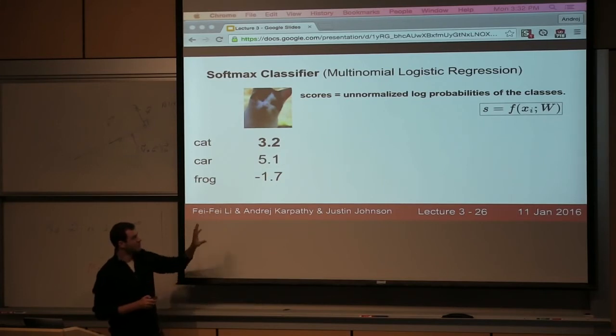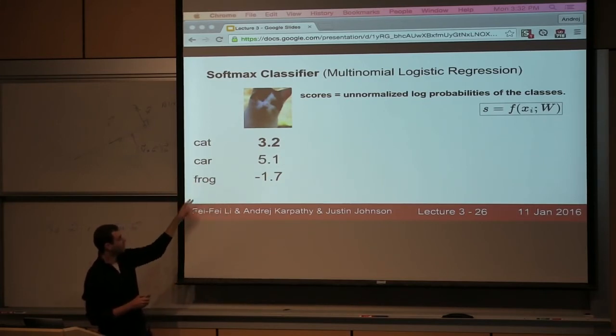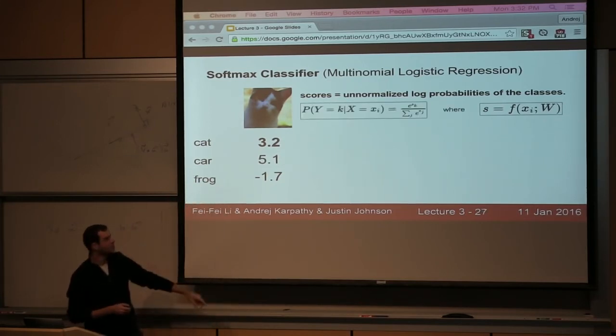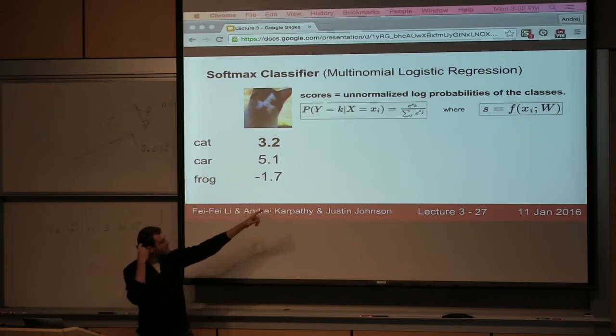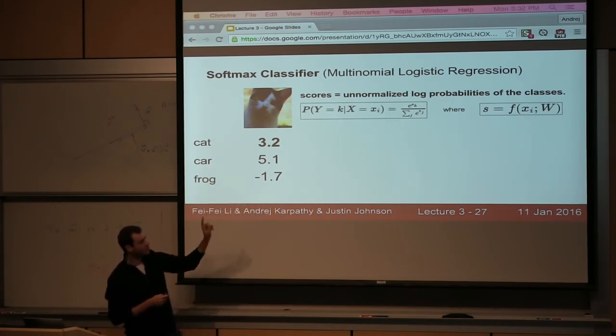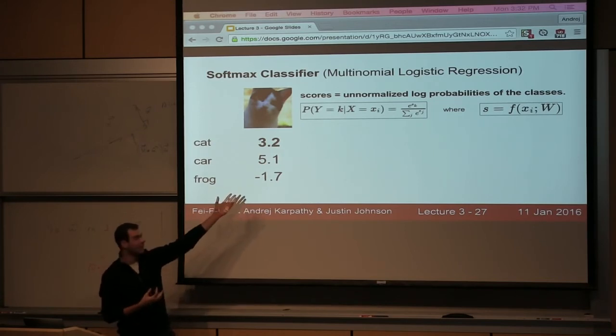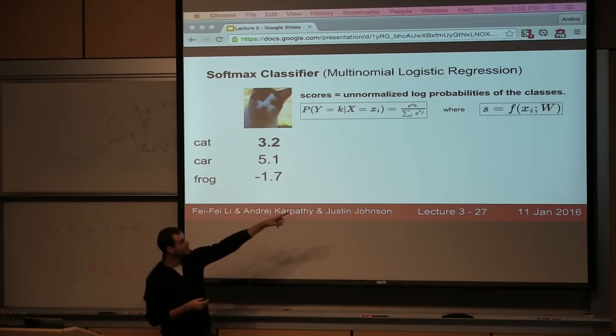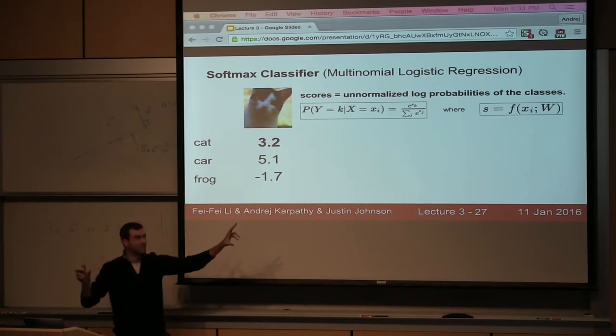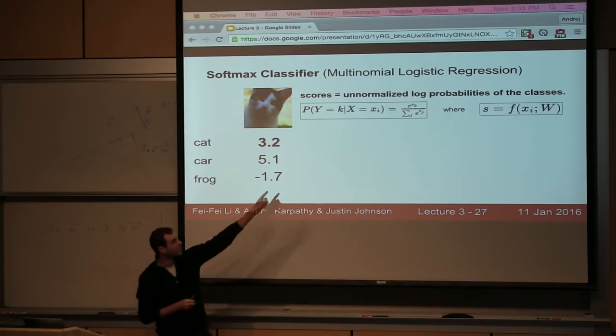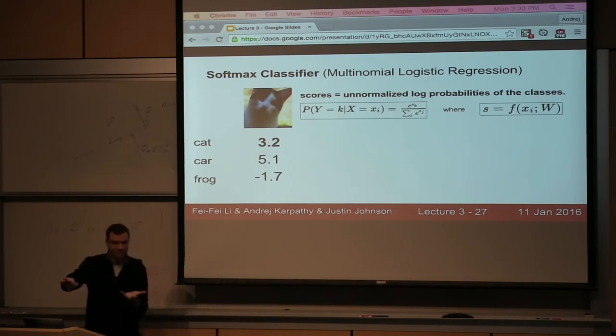So these are unnormalized log probabilities of all the y's given the image. In other words, if the scores are unnormalized log probabilities, then the way to get the probability of a class, like class k, is that we take these scores, exponentiate all of them to get the unnormalized probabilities, and normalize them to get the normalized probabilities.